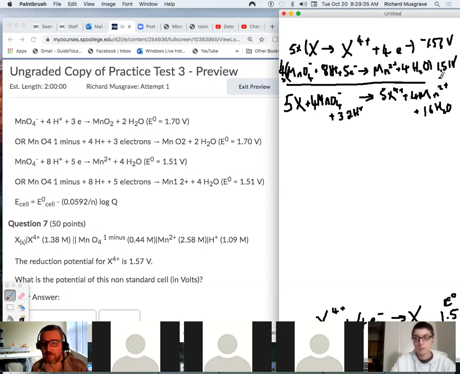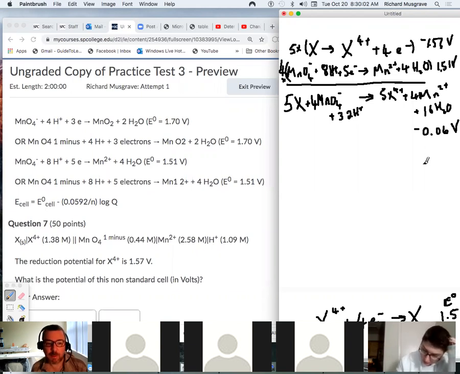Then I add the voltages together here, and I get negative 0.06 volts, which actually turns out to be a non-spontaneous process in its standard form.